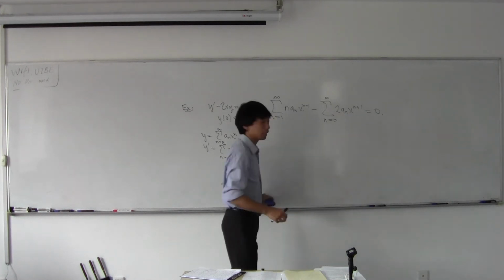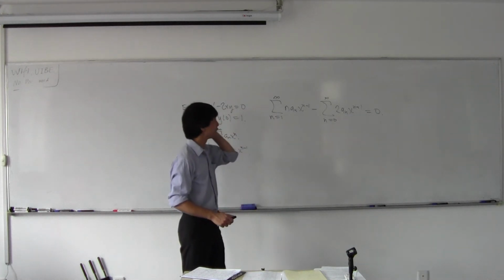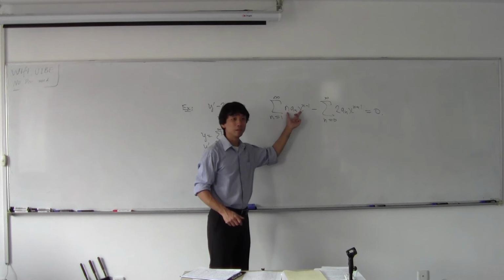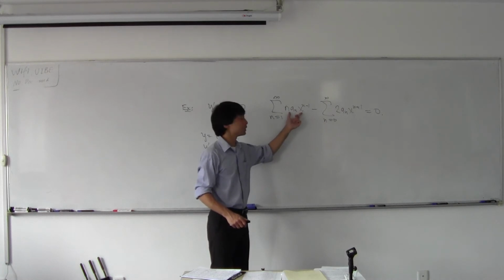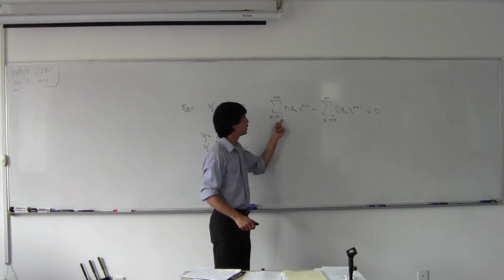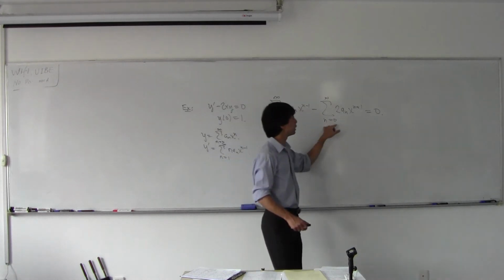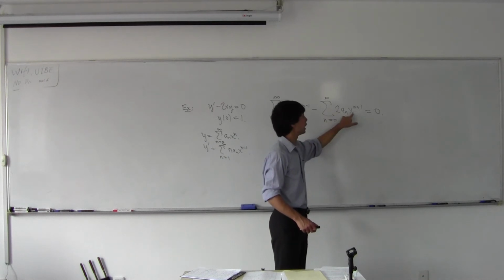Okay. So for this one, actually, you need to do a little bit more work. Okay, everybody look for a second, please. So this series starts at x to the 0, and this series starts at x to the 1.